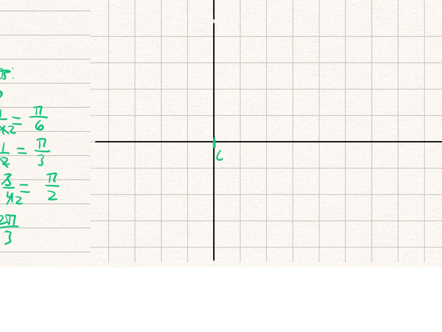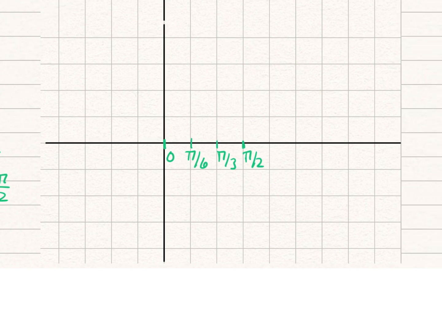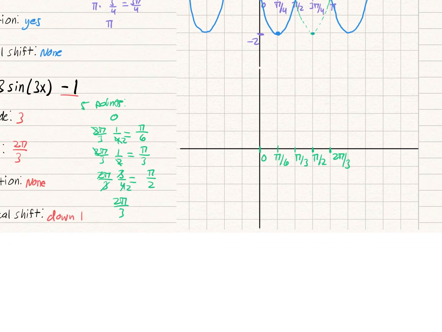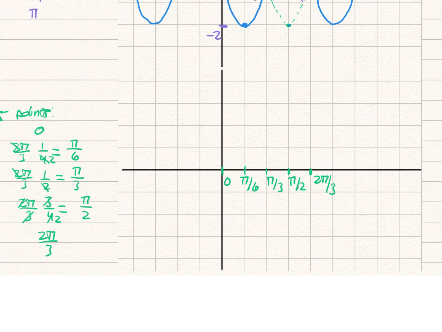All right, so our first one's going to be at 0, then pi over 6, then pi over 3, pi over 2, and then 2 pi over 3. All right, my amplitude was 3. So I'm going to go at its highest 3 units, at its lowest negative 3 units.